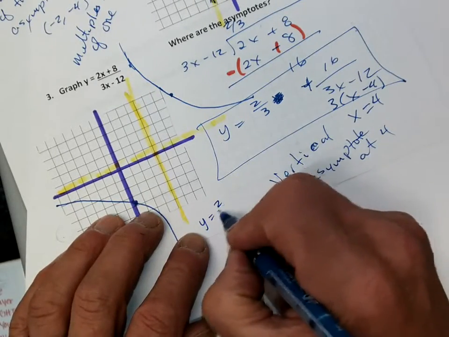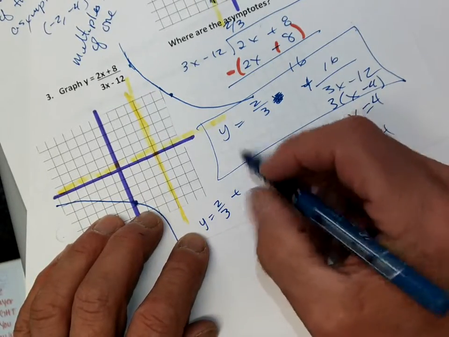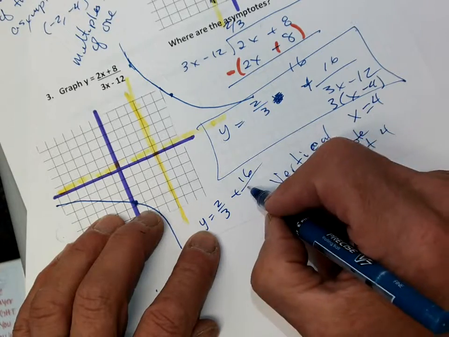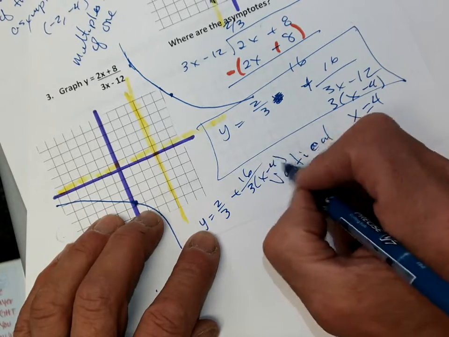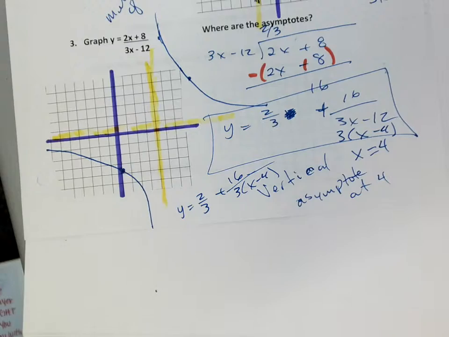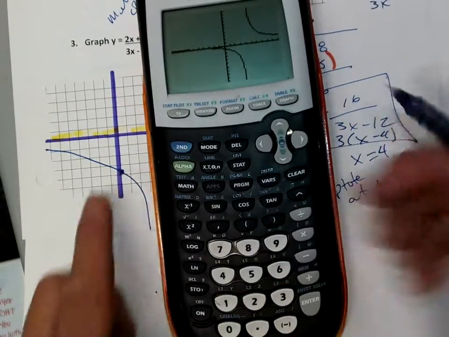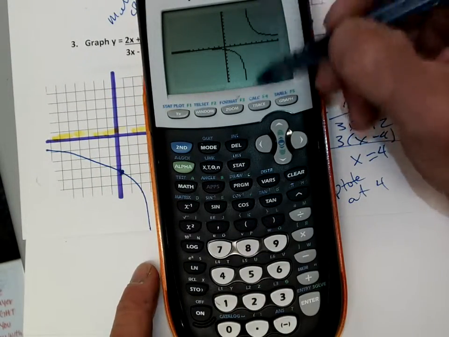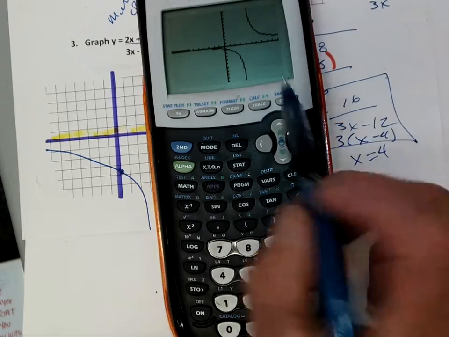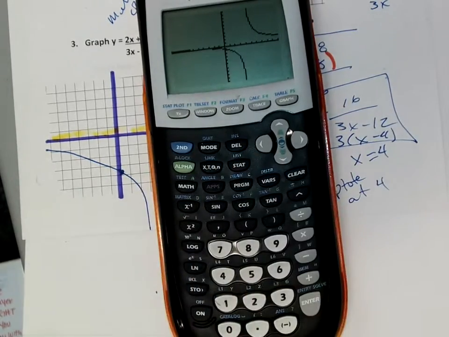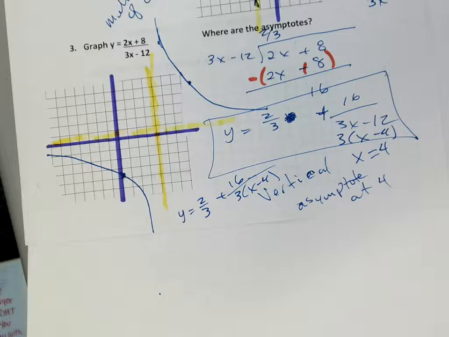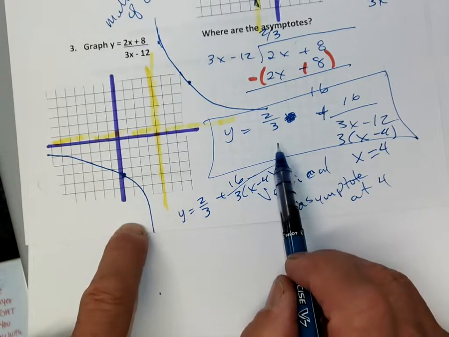Y equals 2/3 plus 16 over 3 times x minus 4, okay? Oh, yours is so much better. Thanks, Callan. Okay, so now the 4, you can see the 4 for sure, right? You guys can see the 4? But the 2/3 is kind of hard to tell. You can't tell on the 2/3, can you? But you know the 2/3 is there from long division, okay?